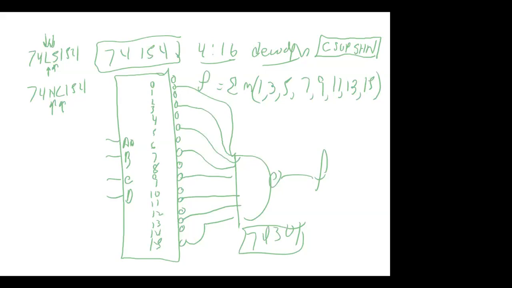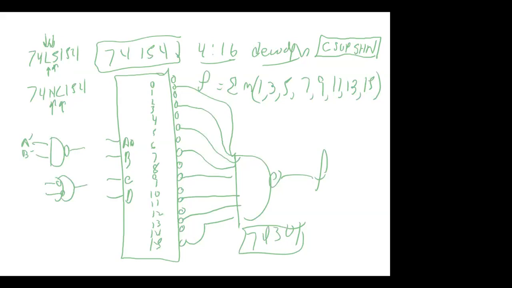Well, not to put too fine a point on it, if you had A prime, B prime going into an AND gate, it's the moral equivalent of an OR gate because of De Morgan's theorem with inverted inputs.